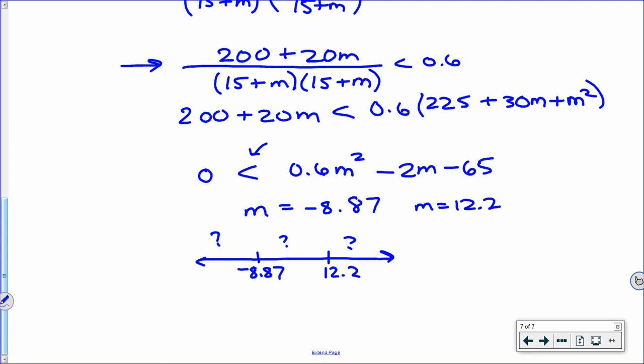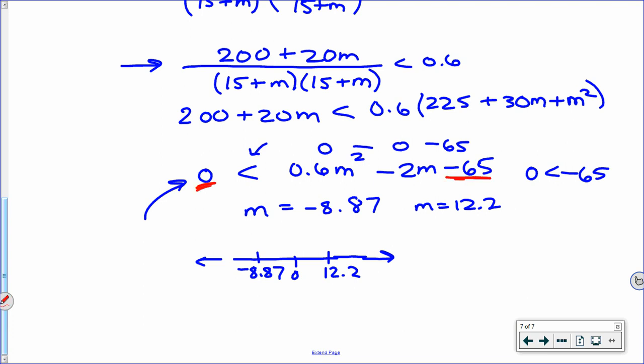And the best way to finish this out is to check something from the middle region, because 0 falls in between these two, and plug that 0 value into the inequality here. So if I plug 0 in, I get 0 minus 65, which is negative 65. And that means 0 is on the left, negative 65 is on the right. So like the 0 from here and the negative 65 from here.